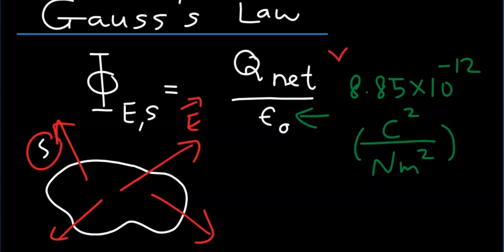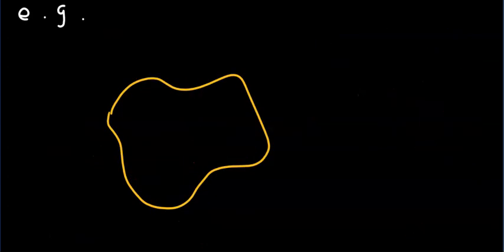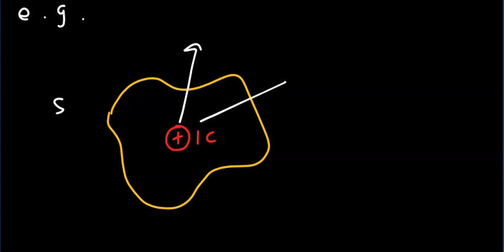That means it's directly dependent on the net charge that is contained within the surface S over epsilon naught. As an illustration, let's look at this closed surface S. Let's say initially you have one positive charge with magnitude, let's say, 1 coulomb. So this positive charge would obviously create an electric field like that.